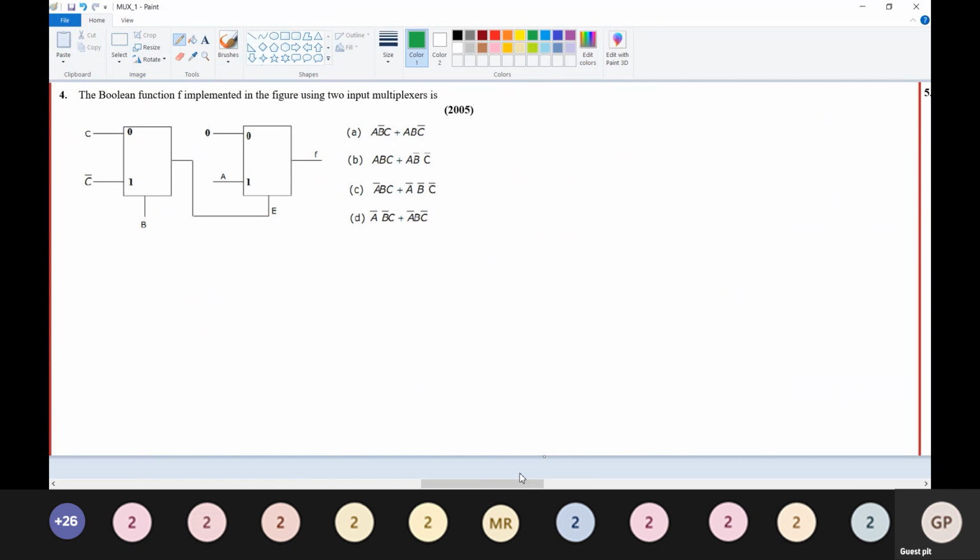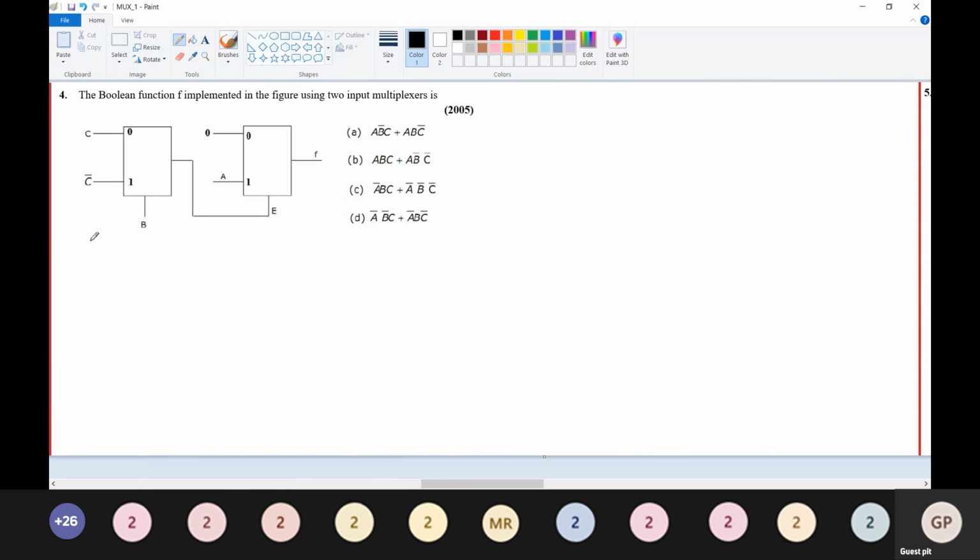Our next question is similar. You are going to implement a Boolean function using two-input multiplexers. The Boolean function F implemented in the figure using two-input multiplexers is, so we have this diagram. Now we're going to find the Boolean expression for this.